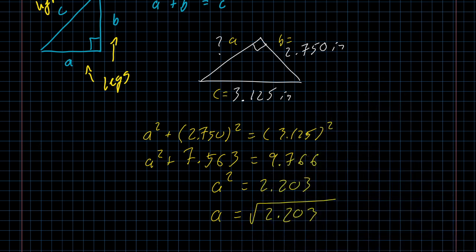All right, but we want the square root of 2.203. My calculator is quite happy to tell me that that comes out as 1.484, and since everything is in inches, I know that that's also going to be in inches.